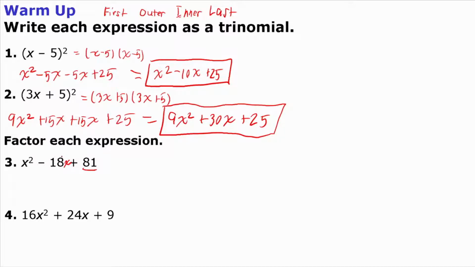So make sure you have that x on it. So it's 18x. So they want to add together to give us negative 18 and multiply together to give us 81. Well, some of us might know off the top of our head that that's going to be 9. So what this is actually going to give me is x minus 9 times x minus 9. Or in other words, x minus 9 squared.